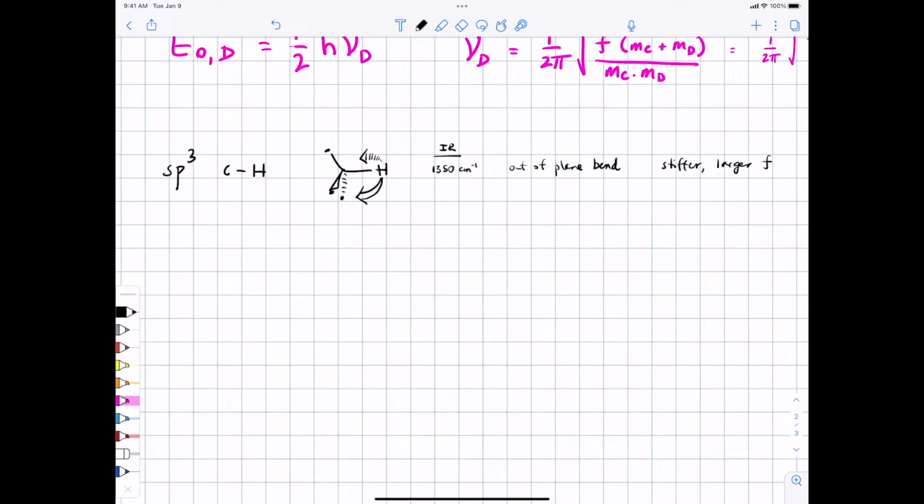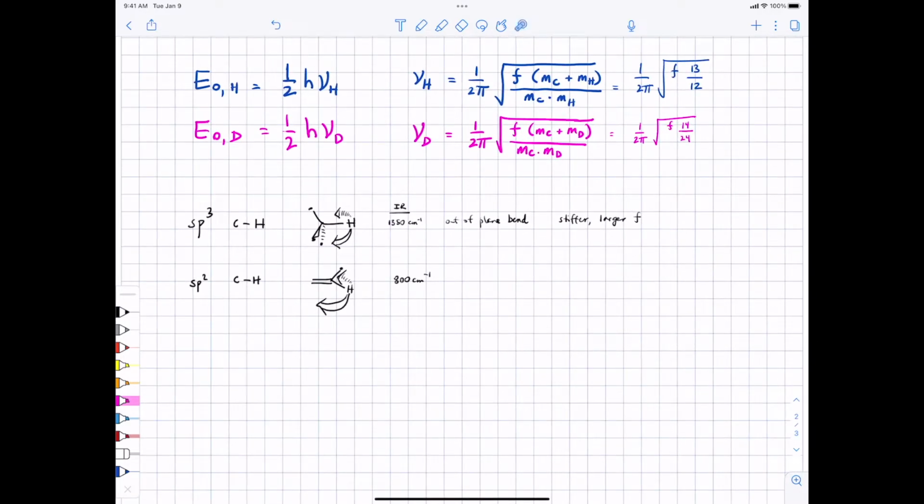Now let's look instead at an sp2 hybridized carbon-hydrogen bond, with a similar vibrational mode. Notice that as this hydrogen swings out of the page and then back into the page, this same out-of-plane bend has a much lower frequency.